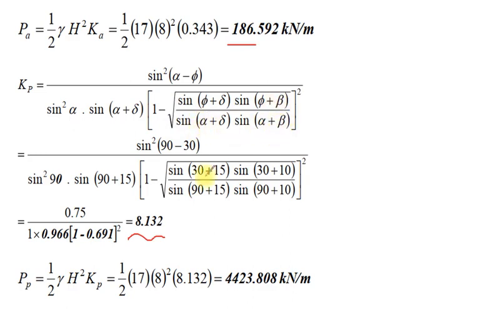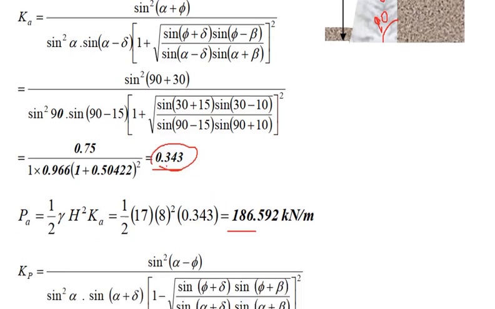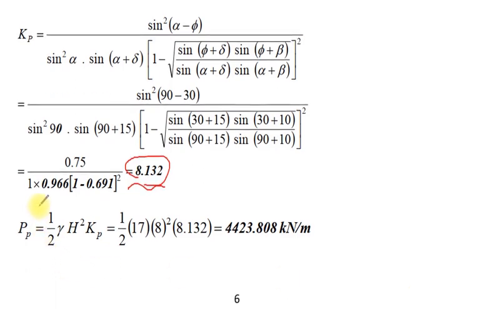K passive will be equal to 8.132, which is greater than K active. K active equals 0.34 and K passive equals 8.13. The passive force, 1/2 gamma h squared K passive, gives 4,423.8 kilonewton per meter. The passive force is greater than the active force.